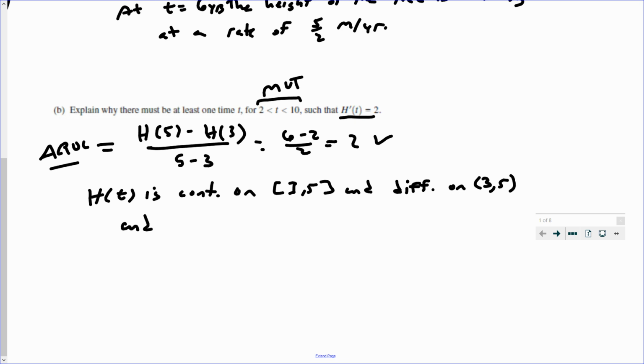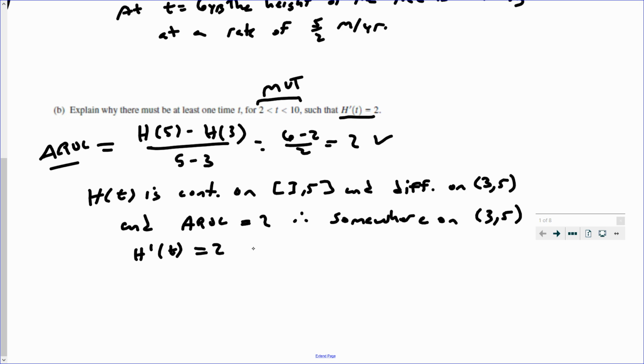And because we just said that the average rate of change is 2, therefore, somewhere, we talked about this earlier, on the open interval 3 to 5, h prime of t has to equal 2 by the mean value theorem.